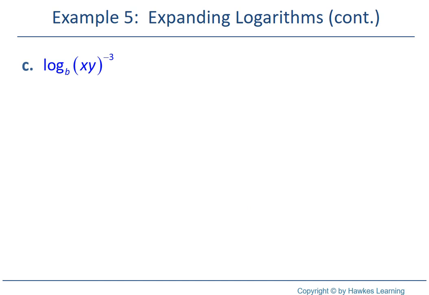Alright, how about this one? Now notice we have a negative exponent. That's not a big deal. So this is going to be log base b of our x and plus log base b of our y.